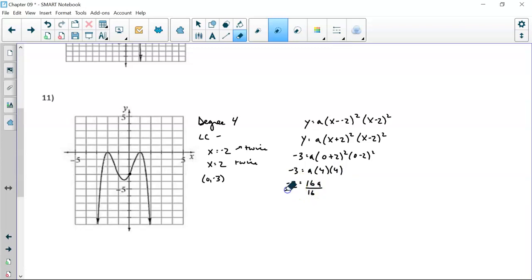Divide both sides by 16. A equals negative 3/16. So our equation, y equals negative 3/16 times x plus 2 squared, x minus 2 squared. And there's our polynomial function in factored form.